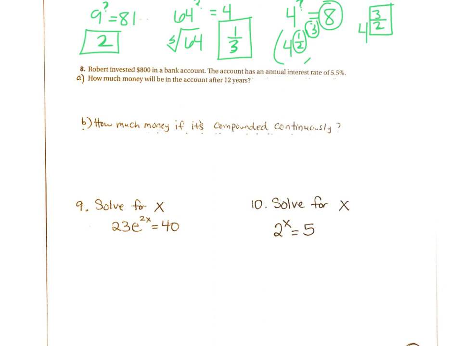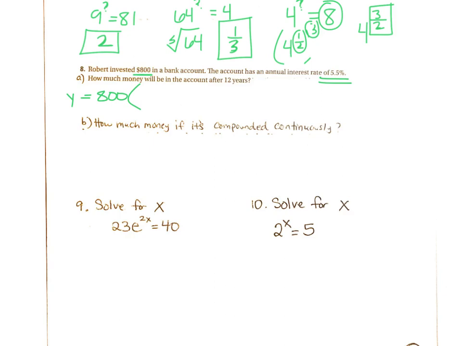It says Robert invested $800 in a bank account. The account has an annual interest rate of 5.5%, so he started with 800. How much money will be in the account after 12 years? So we're going to plug this into our growth function. It's our starting amount times 1 plus the percent, right?